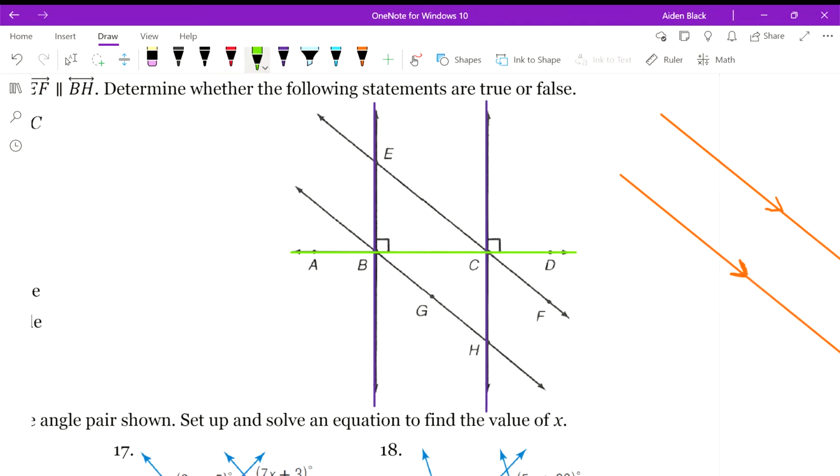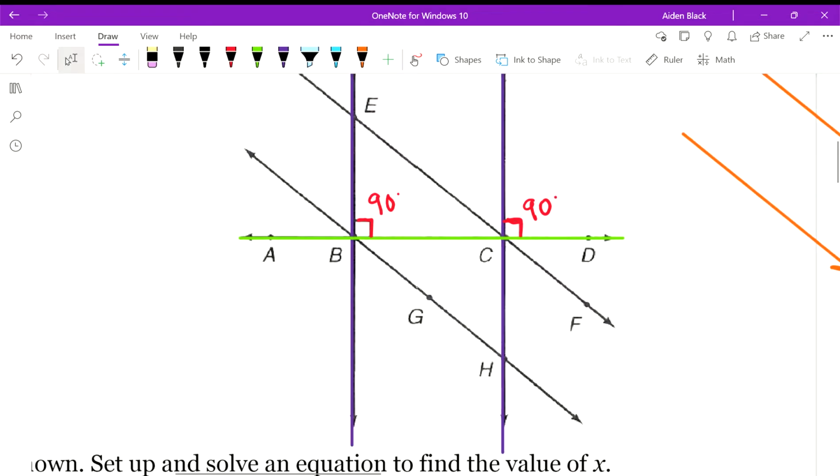And you'll see that they create these right angles. So this is 90 degrees and this is 90 degrees. Now, what's the relationship between those two angles? Are they alternate exterior, alternate interior, same side exterior, same side interior? Are they corresponding?